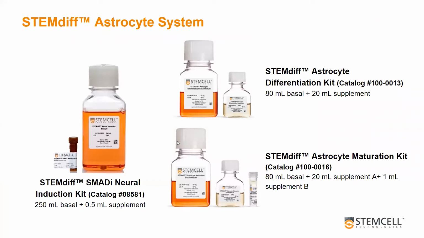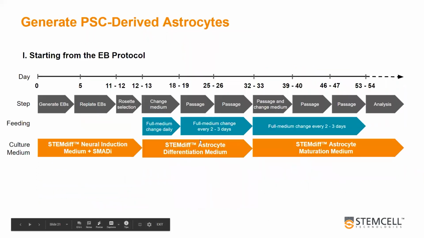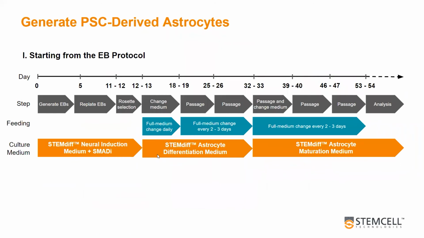Okay, let's talk about our STEMdiff astrocyte system. This system also has a similar format, besides there are 2 supplements in the maturation medium. And like the forebrain and midbrain system, astrocytes can be generated via either EB protocol or monolayer protocol.